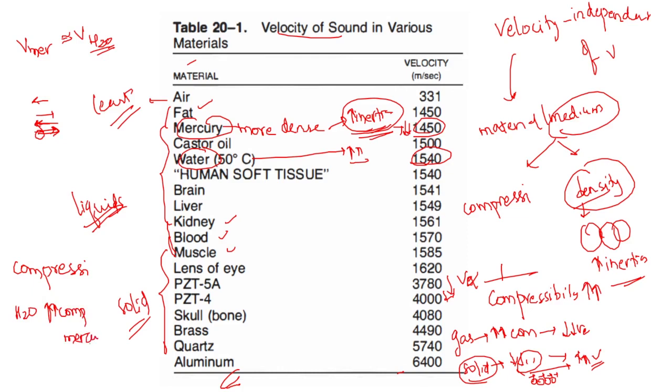Mercury is denser, but water is almost 13.4 times as compressible as mercury. So because of the greater compressibility of water, velocity will be less. Because of the lesser compressibility of mercury, velocity will be more. Both density and compressibility are cancelling each other. So as a result, the velocity of water and mercury are almost similar to each other.